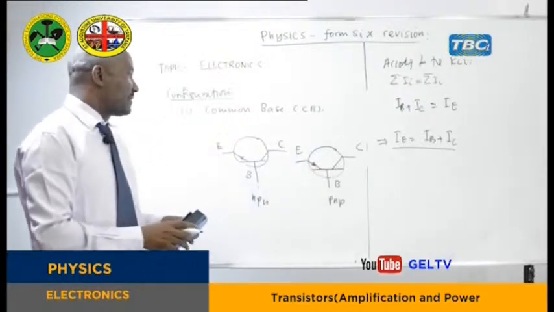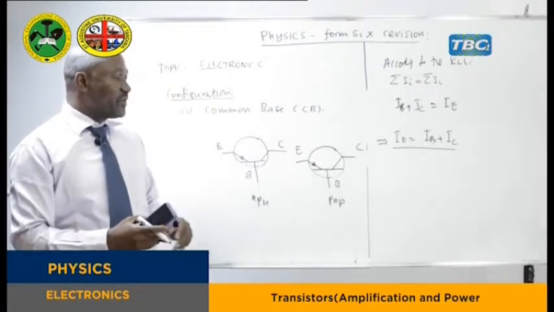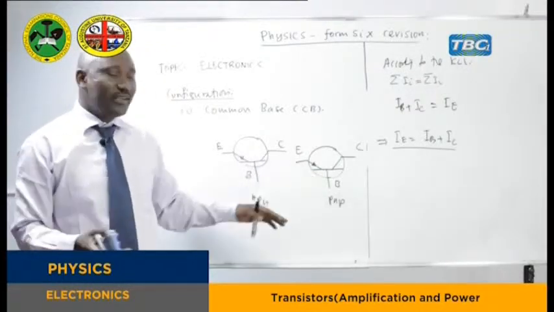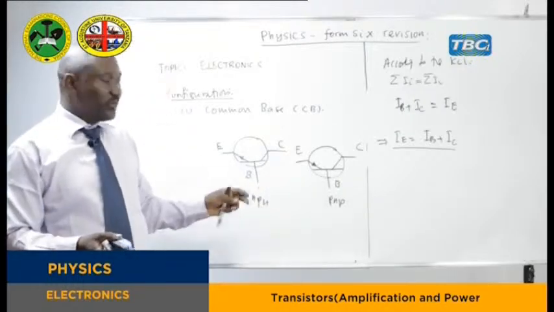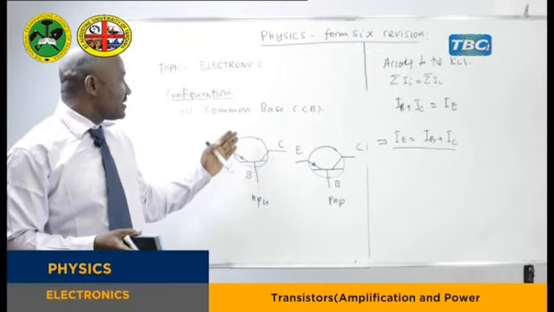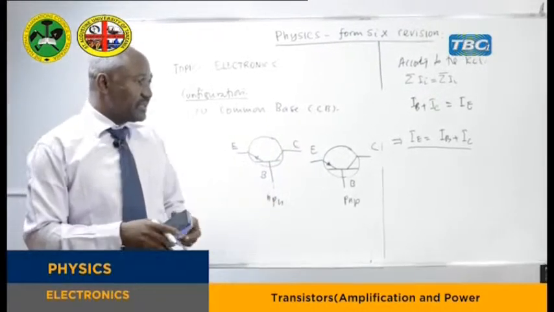So this is the first way of connecting a transistor. We shall see now, when you connect a transistor like this, you can define the current gain and the power gain. We shall see which mode is normally preferred when you are talking about the transistor. So this is given as the common base type of connection of a transistor, where the base is connected to the ground.